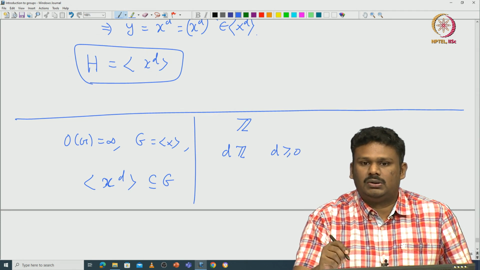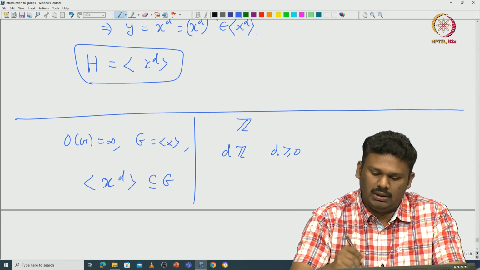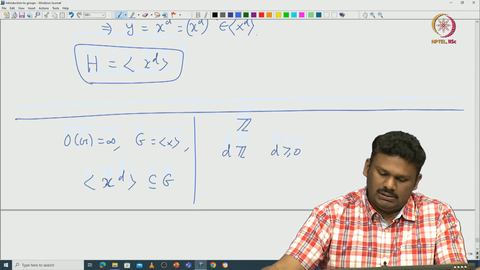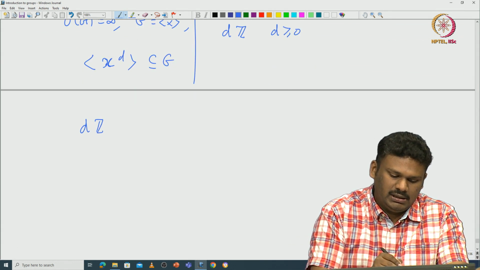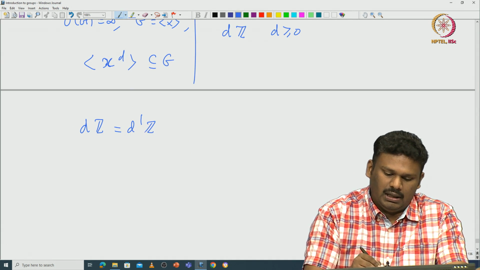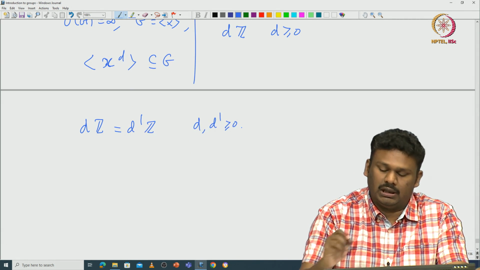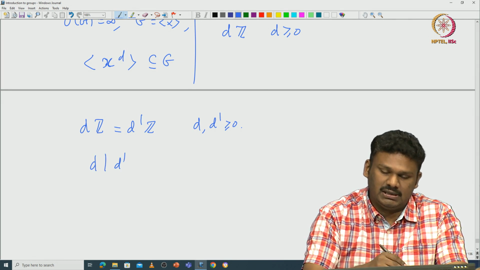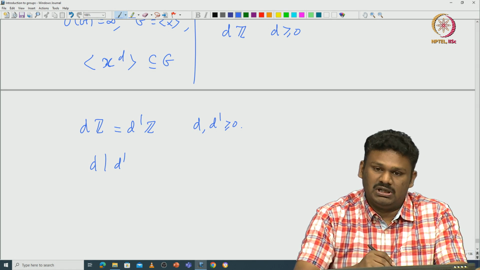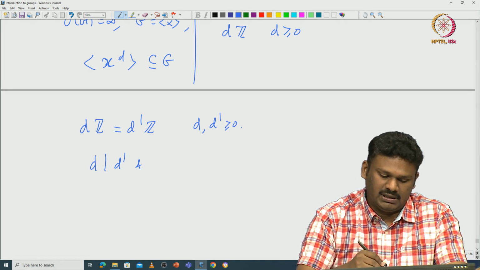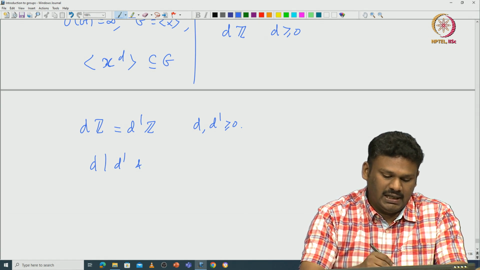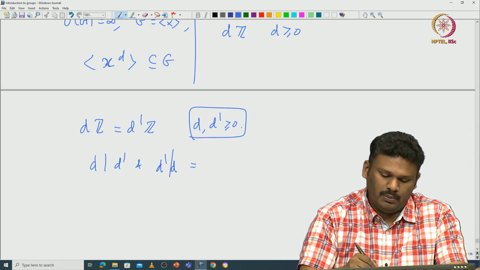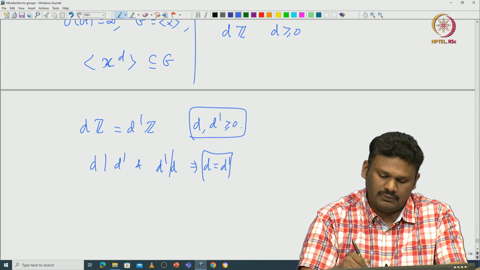Then it is not hard to see that these are all distinct subgroups of Z. Because if dZ is the same as D dash Z, with both D and D dash greater than or equal to 0, then D divides D dash because D dash is in dZ, so D dash must be a multiple of D. For the same reason D dash divides D, but both are non-negative, so D must equal D dash.